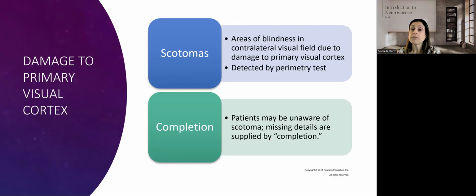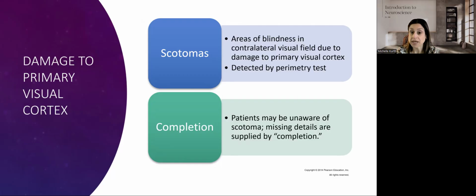So, for example, patients that have complete destruction of the left striate cortex cannot detect stimuli in their right visual fields, right? Yet when they stare at a face or even half a face that falls entirely in their left visual field, they report seeing an entire face. That phenomenon is called completion.